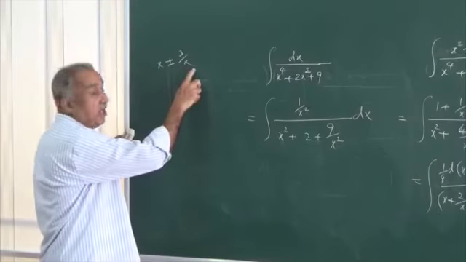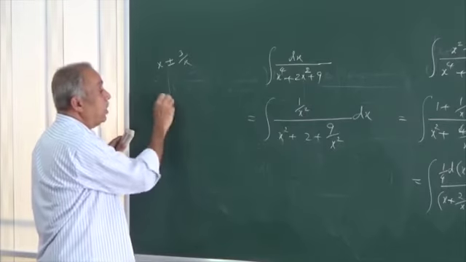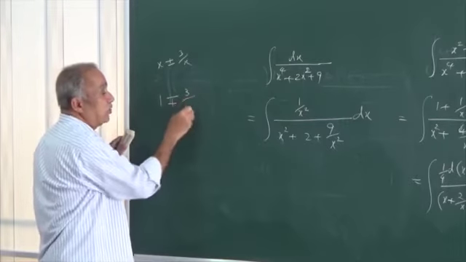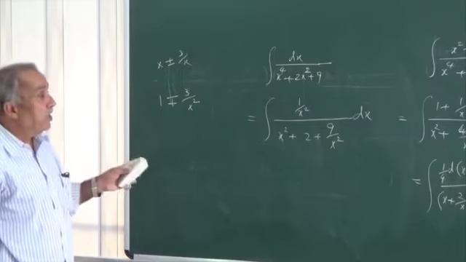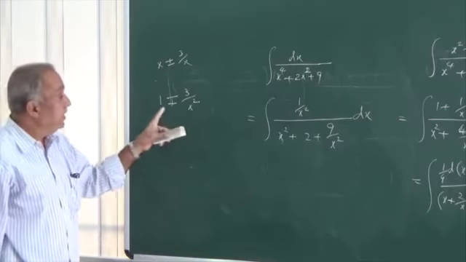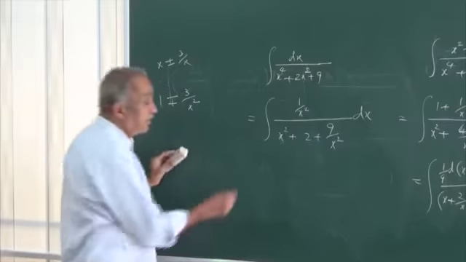Derivatives of these, x plus or minus 3/x, are 1 minus or plus 3/x². You have to try to obtain the numerator in terms of 1 minus or plus 3/x².